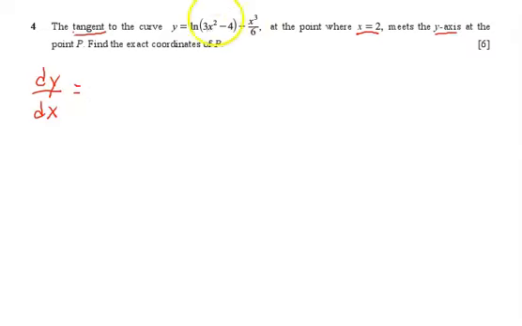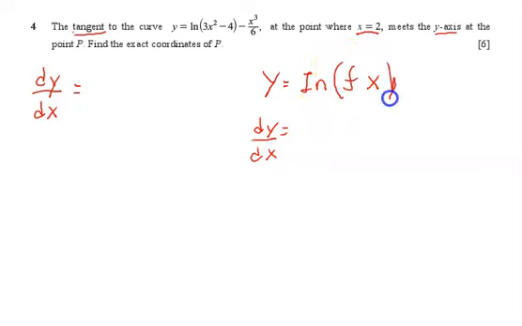To solve this, we have to remember the basic concept of ln f(x). When we differentiate this, whatever is inside, we copy at the denominator, and then we differentiate f(x) and multiply it as the numerator of this fraction.